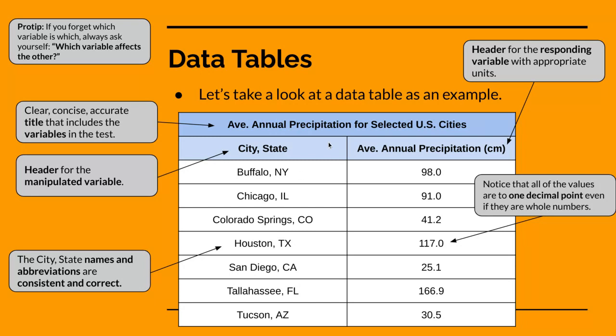So it'd be like asking this question right here with this example. Does the city and the state change the average annual precipitation, or does the average annual precipitation change the city or state? Okay. Obviously, the average annual precipitation does not change the city or state.